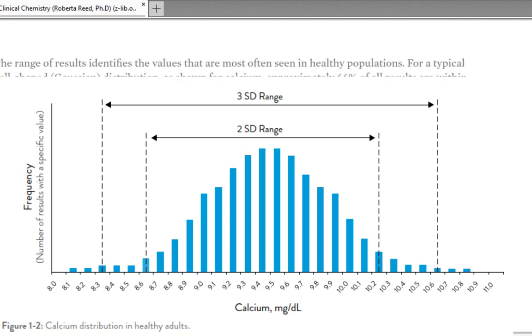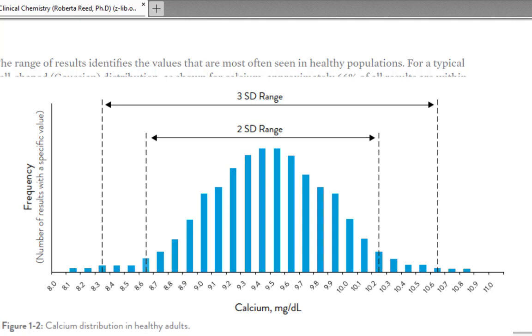The reference interval is generally chosen to capture the central 95% of healthy people and is the range from -2 SD to positive 2 SD, referred to as the 2 SD range. Sometimes it is chosen to capture the central 99% of healthy people and is the range from -3 SD to positive 3 SD, referred to as the 3 SD range.